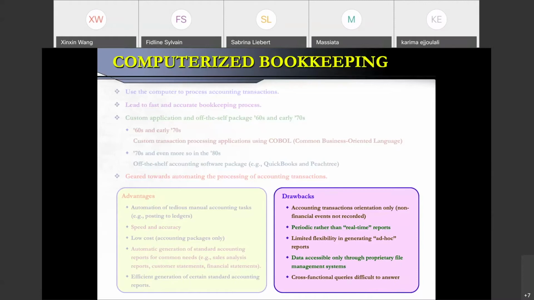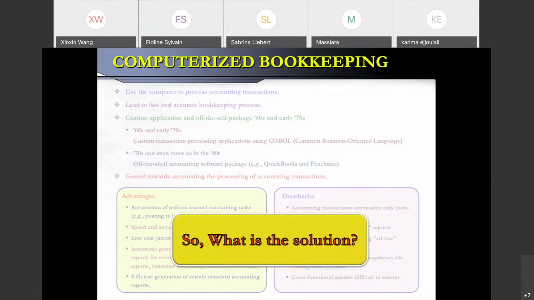So both the advantages of computerized bookkeeping systems and the drawbacks of traditional accounting lead us to ask a question: what is the solution for this? Any guess? Yeah, go ahead.